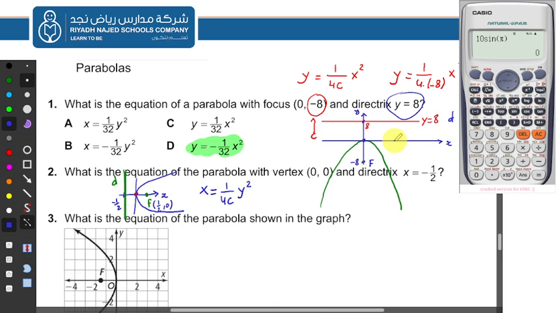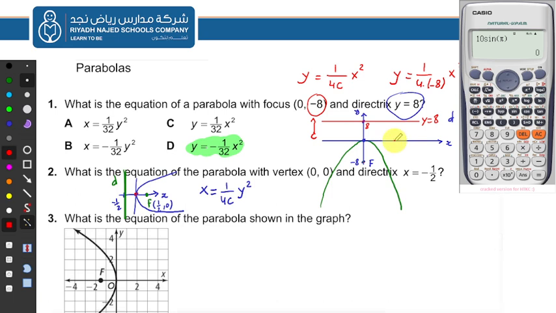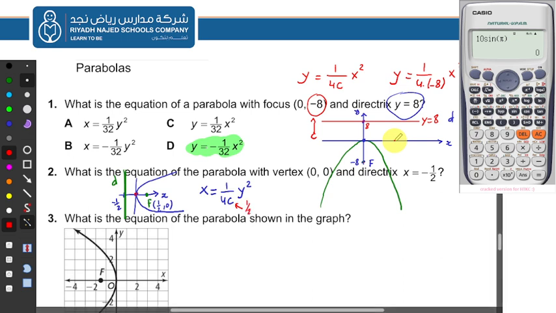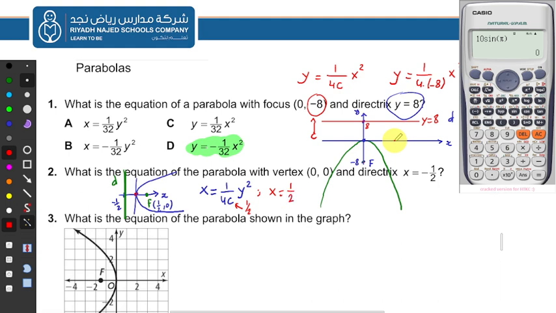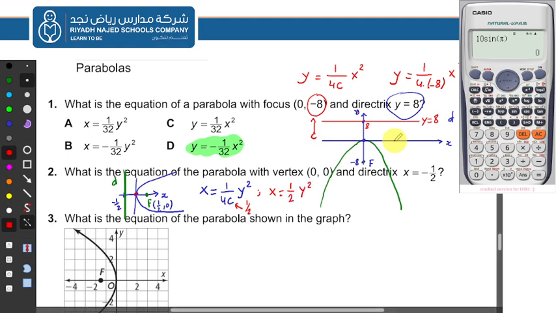So c is 1 over 2. Use your calculator: 4 times 1 over 2 is 2, and you get x equals 1 over 2 y squared.